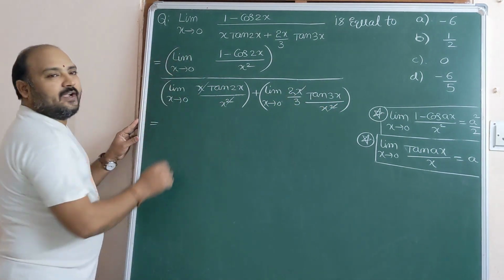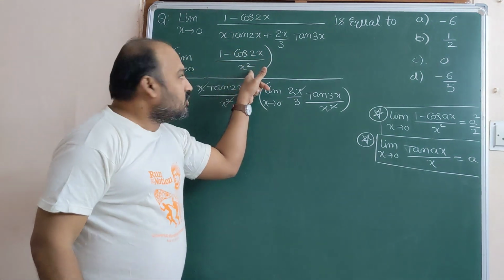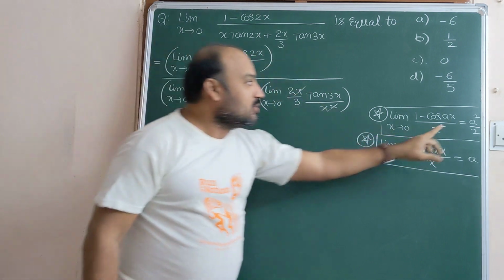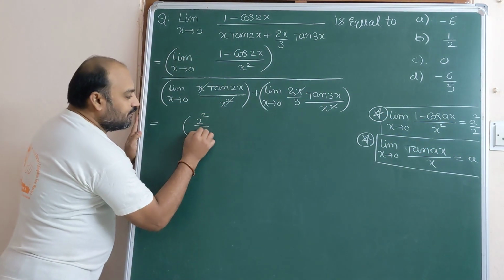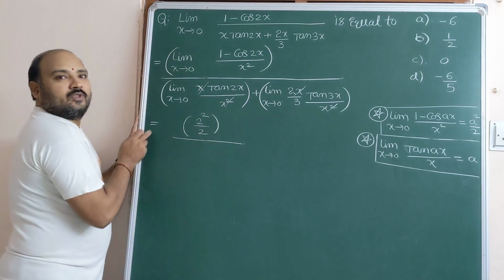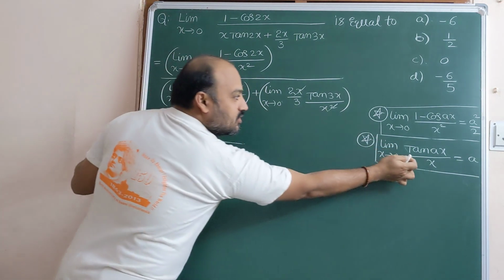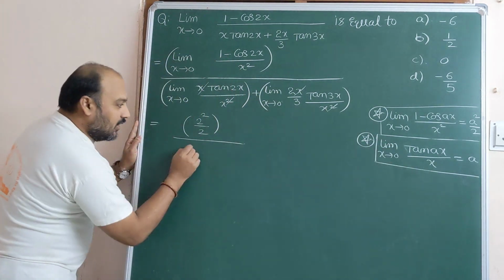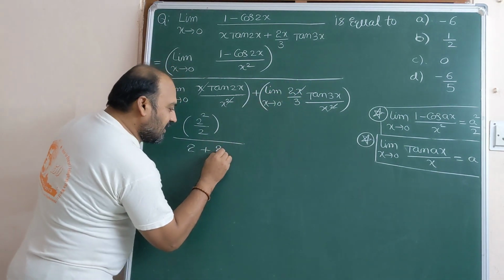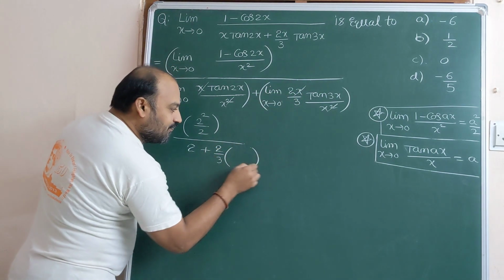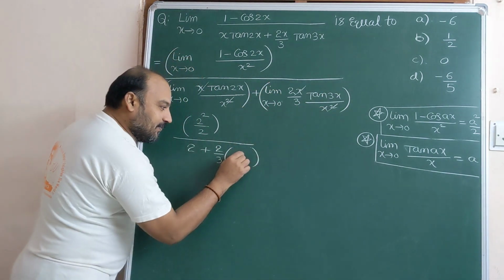The numerator is in the form of limit x tends to 0 of (1 minus cos ax) by x square. So a is equal to what here? 2. So 2 square by 2. Numerator value is 2 square by 2. By limit x tends to 0 of tan ax by x, a value is what? 2. So from the second formula, 2, plus, here 2 by 3 is already there, the constant we can take outside, and limit x tends to 0 of tan 3x by 3x.